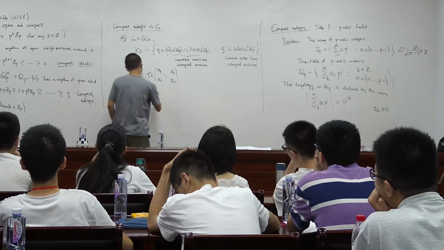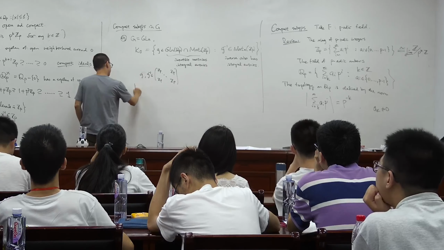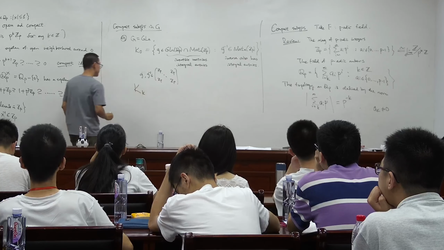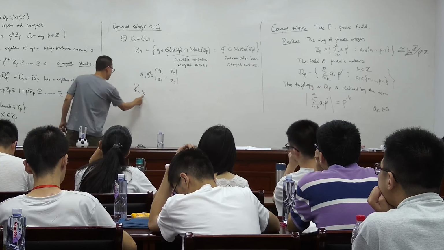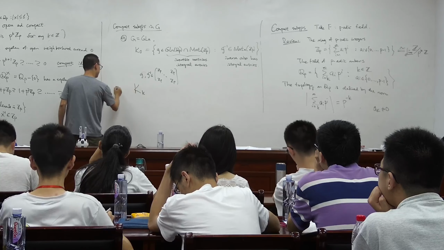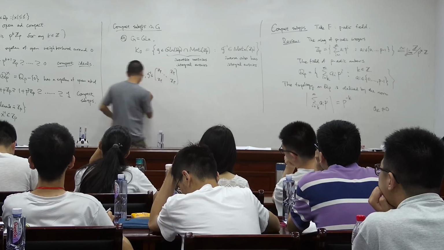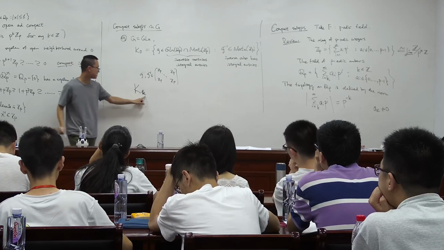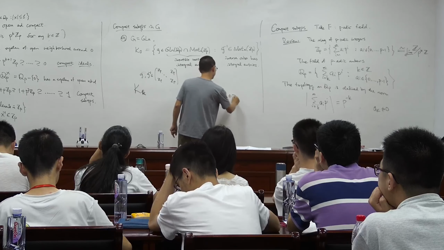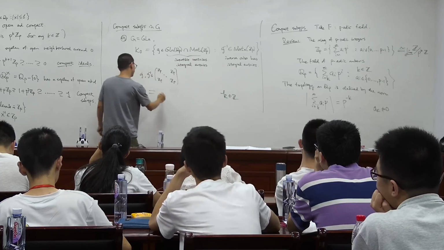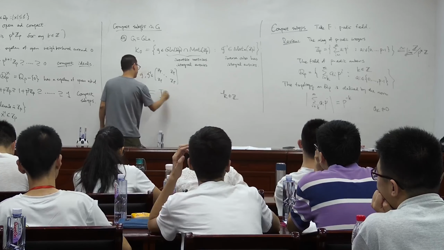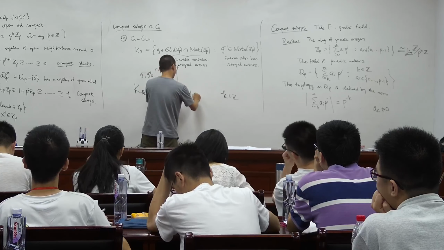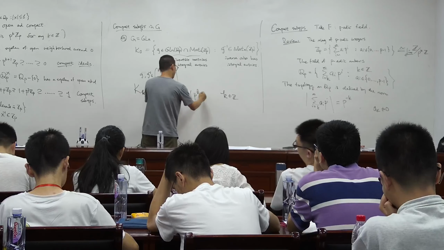K_0, and here are some other ones, K_k. This is capital K, this is little k, and little k is an integer. K_k is equal to the identity matrix plus all the matrices with entries in the ideal generated by p to the power k.